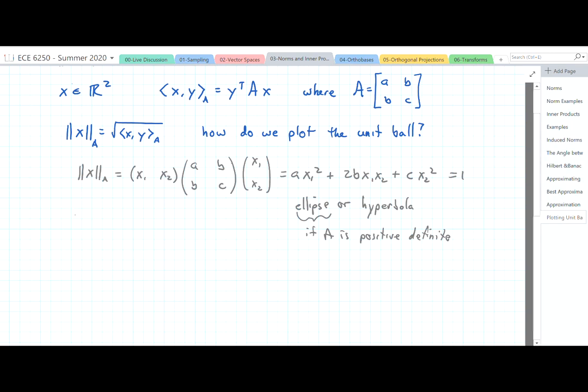But if A is symmetric positive definite, then A will have unique orthogonal eigenvectors.